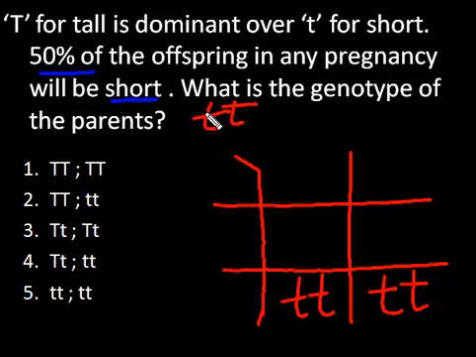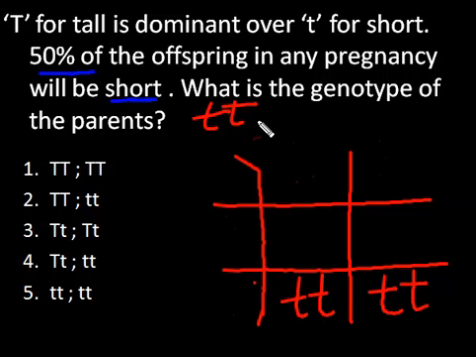Obviously both parents cannot be homozygous short, because then 100% of the offspring would be short. Both parents also cannot be homozygous tall, because then all offspring would be tall. If you had all capital T's, we wouldn't end up with a lowercase t at all.